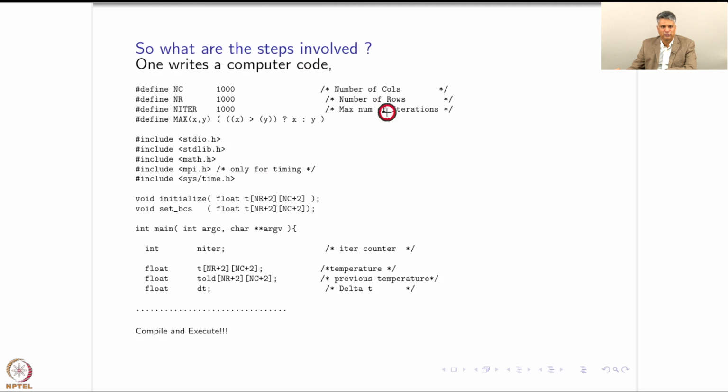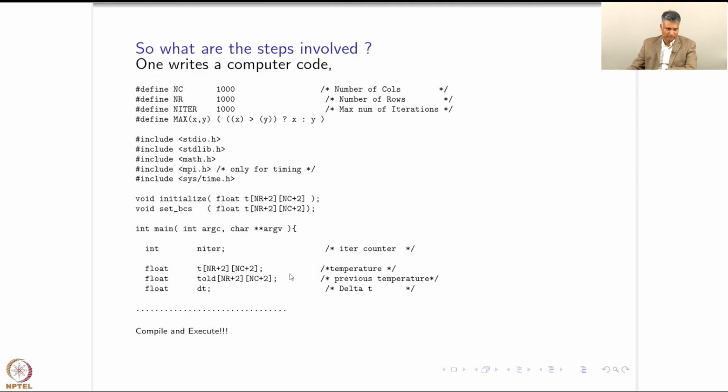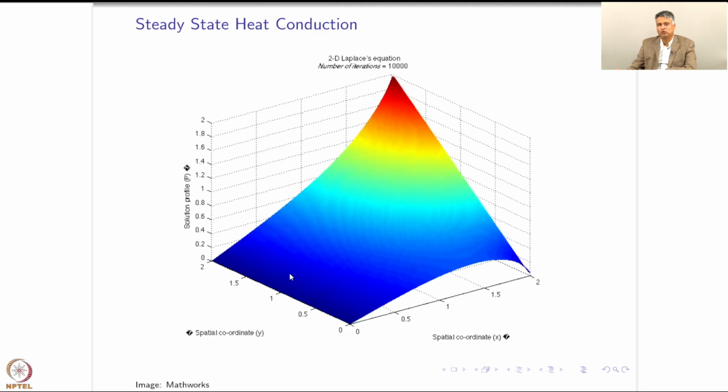We're just going to depict a code which says that we write this code which is going to create all this assembly of these equations, the discretization, and then finally do the linear algebra solve for getting the solution. You then compile and execute this program. Once you compile and execute this program, you get some nice colorful plot which will give you the temperature variation in x and y of this plate.